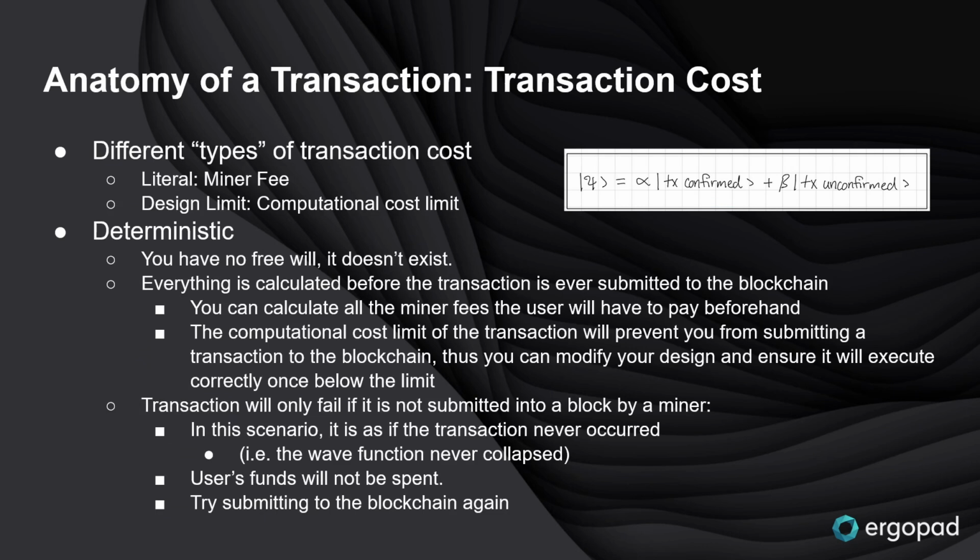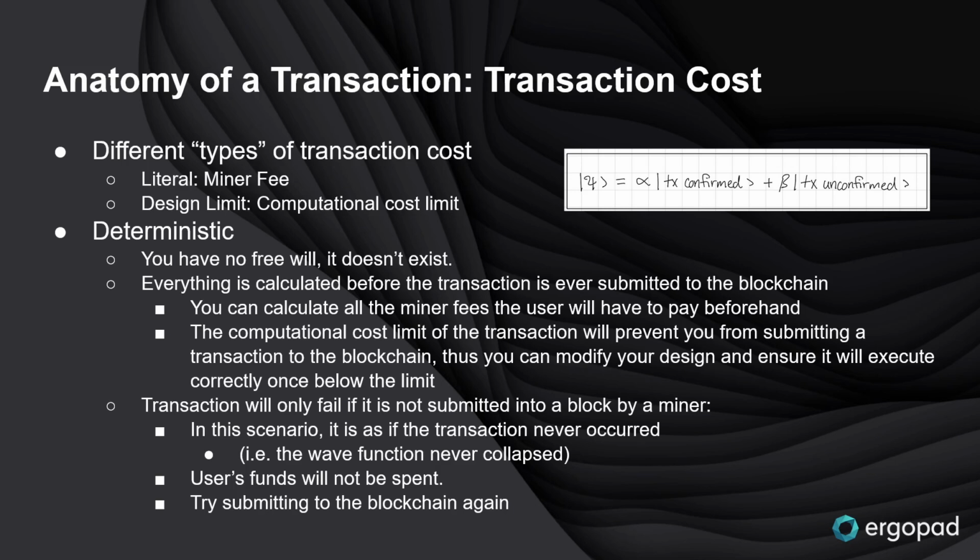So when you're talking about transaction cost, usually there are two types of transaction cost. The first and most common one people hear and talk about is the literal one, which is the miner fee. That's the amount of Ergo you have to pay. And then there's also another one which is more of one that's used as a design limit, which is the computational cost limit of the transaction.